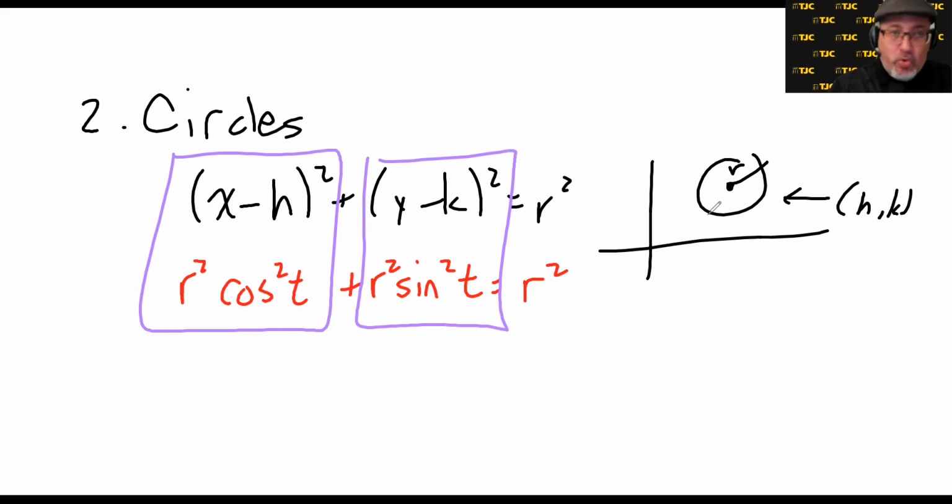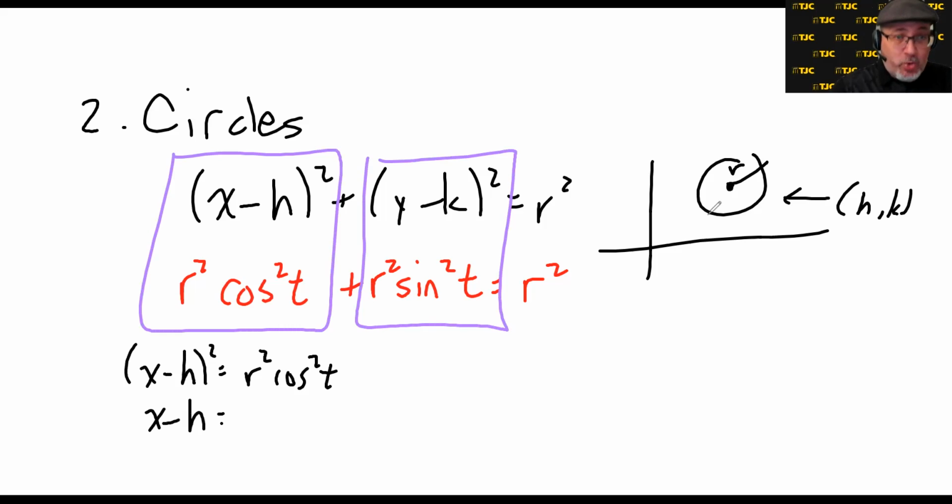If we equate the first one, we get x minus h squared equals r squared cosine squared t. If we square root both sides and just take the positive square root, we could take the negative square root, but we just need a parameterization, not all parameterizations. We would get x minus h equals r cosine t. And if we solve for x, we get h plus r cosine t.